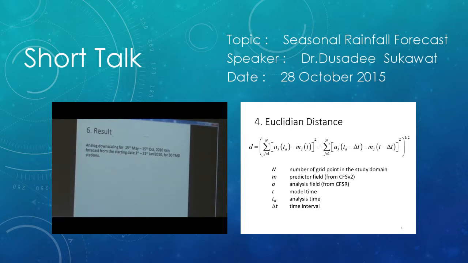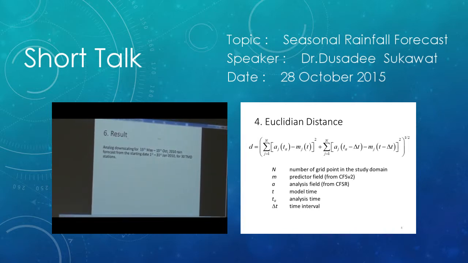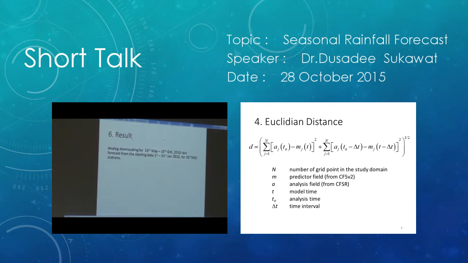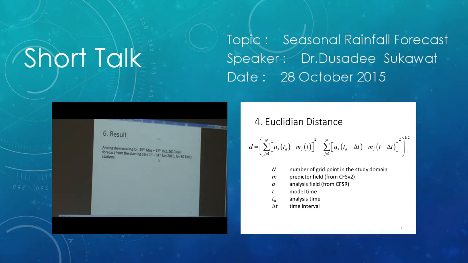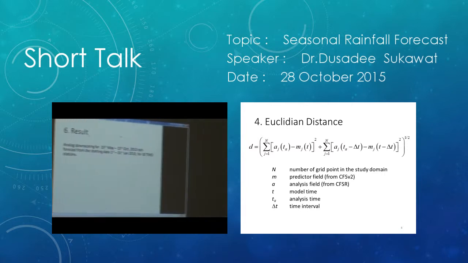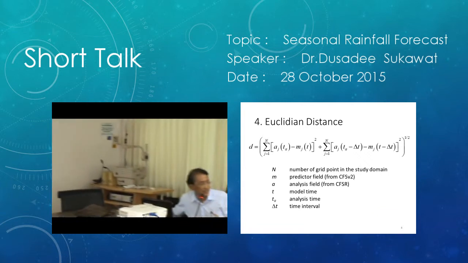So to find the analog day, you use 8 forecasts per day, and you use 31 days, so it's 31 by 8 forecasts combined to find the analog, to find the anomaly.